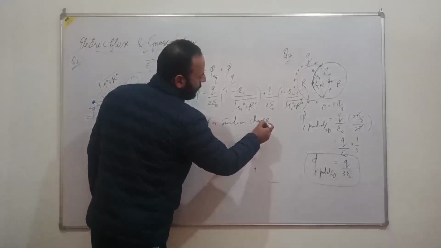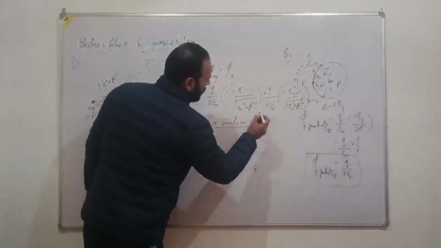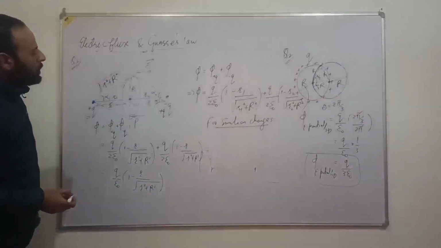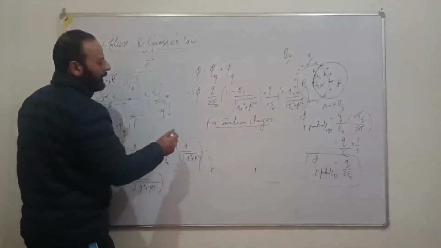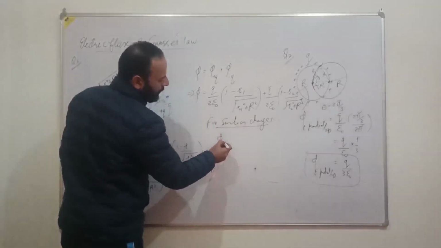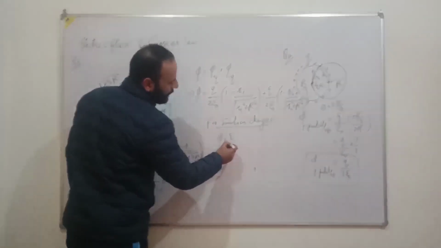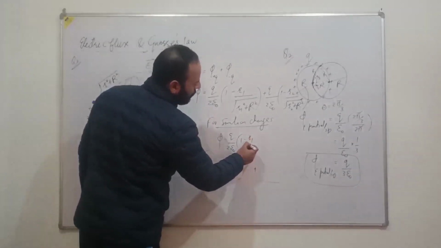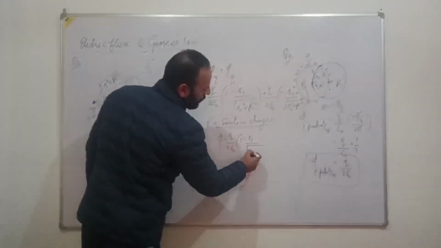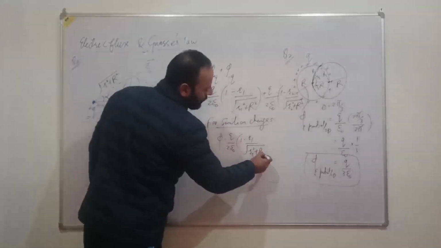So for similar charges, both are positive, this is Q and this is Q. In that case phi is equal to Q divided by 2 epsilon naught, times 1 minus R1 divided by under root of R1 square plus R square.